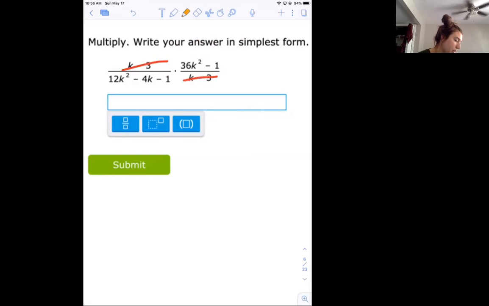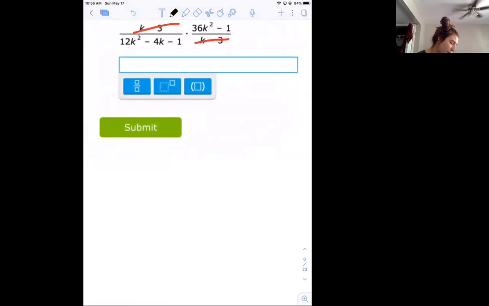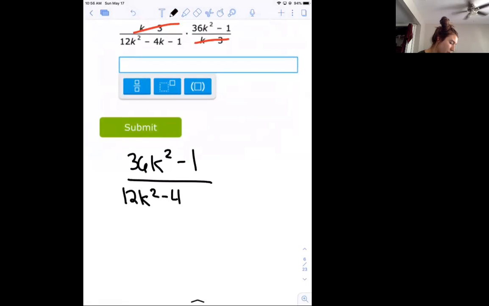So get rid of those. Now all I'm left with, on the top, I have 36k squared minus 1. And on the bottom, I have 12k squared minus 4k minus 1. Well, I am assuming I can probably cancel something out if I factor these. So let's go ahead and factor the top.